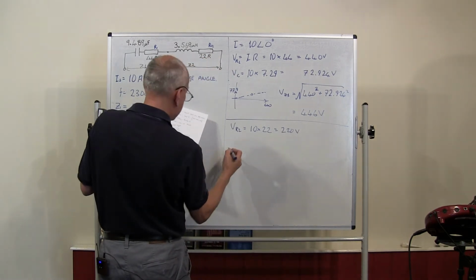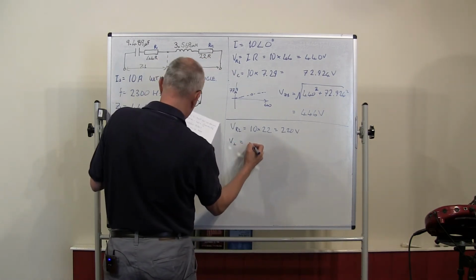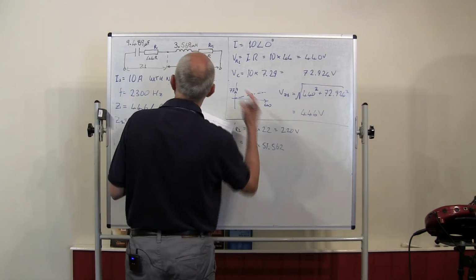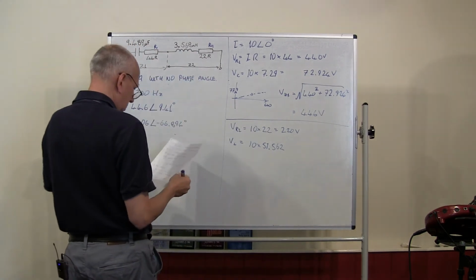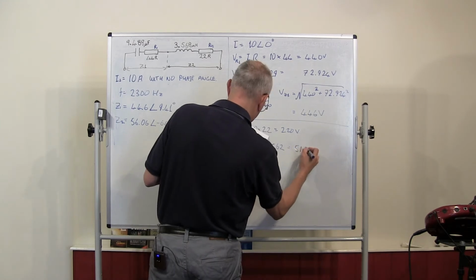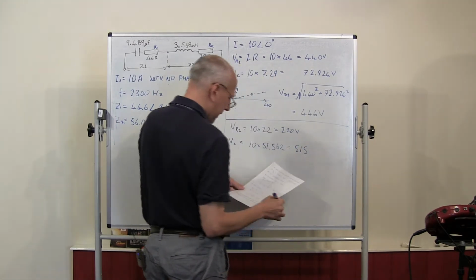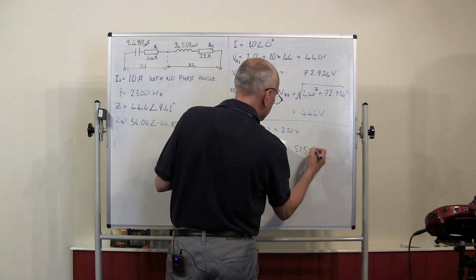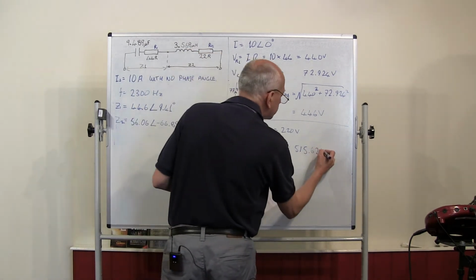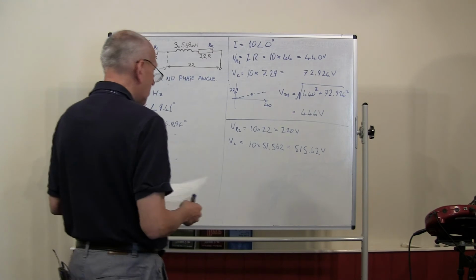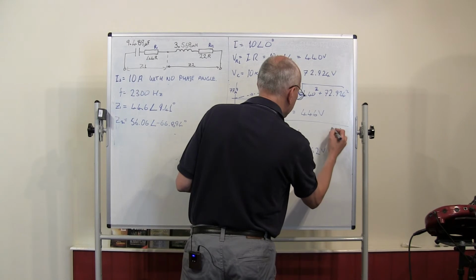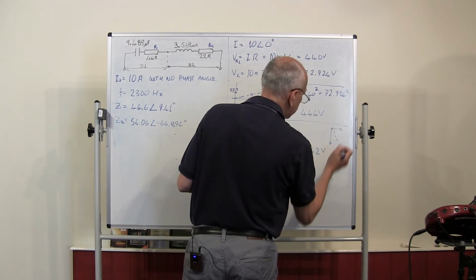And VL is 10 times 51.562, that was the impedance of that, and that gives me 515.62 volts. So that one would look something like that. You've got 220 that way and 515 that way, and it's that.